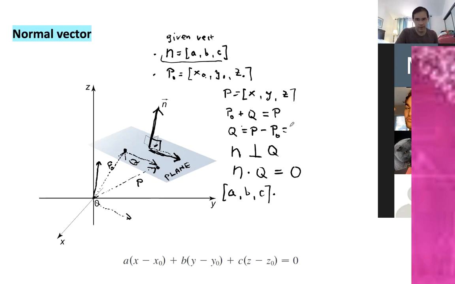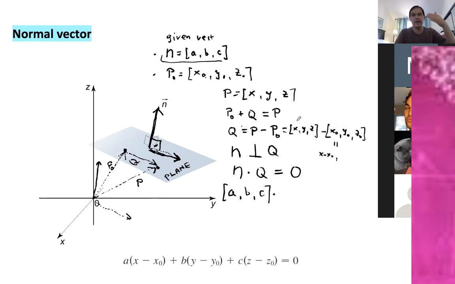So what is P? P is equal to x, y, z, minus P0, which is x0, y0, z0. So this is equal to x minus x0, the first component of this vector.